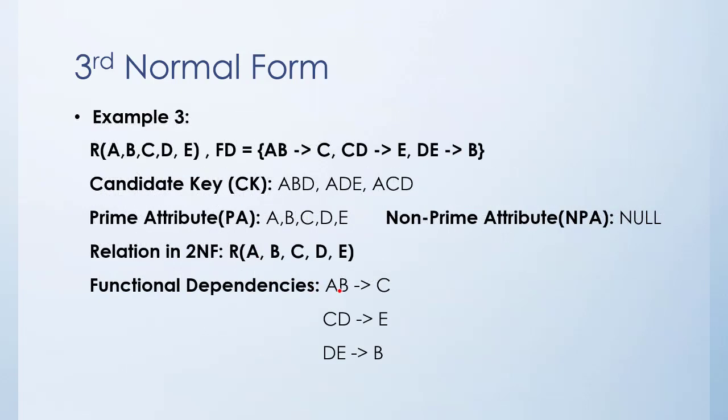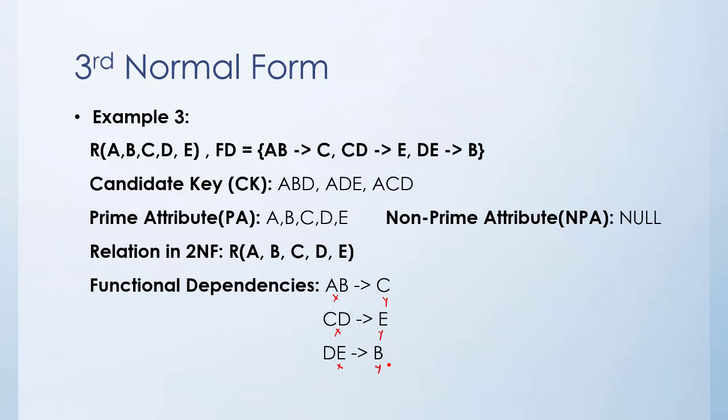So this is my X, this is my X and this is my X. And this is my Y, this is my Y, this is my Y. Remember, we need to satisfy any one of the conditions for each and every functional dependency present in the relation.